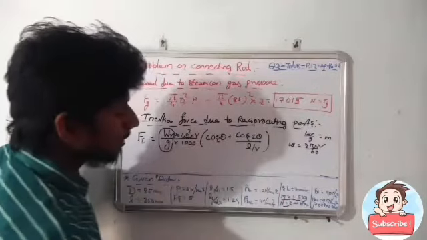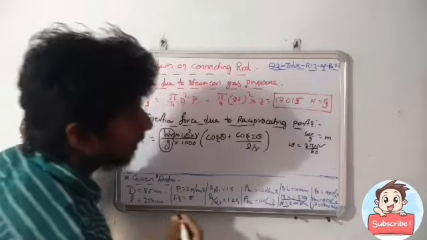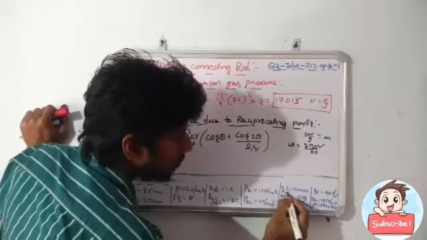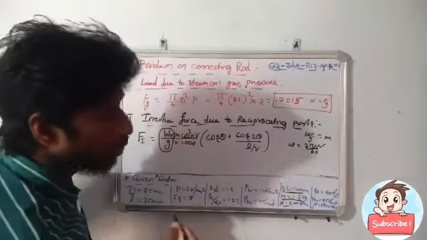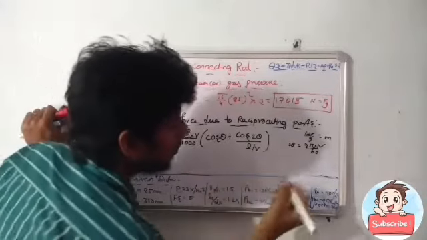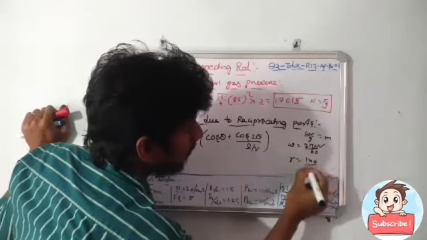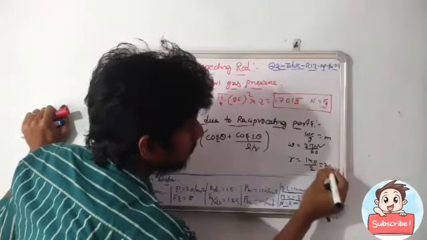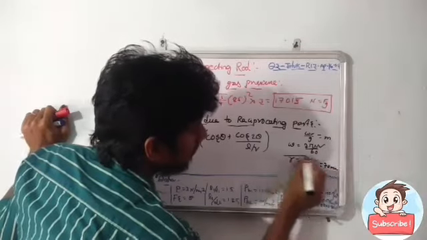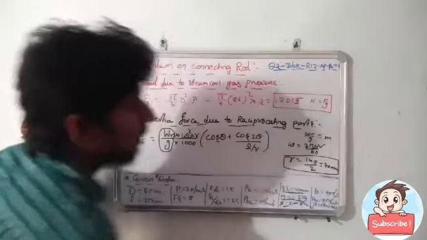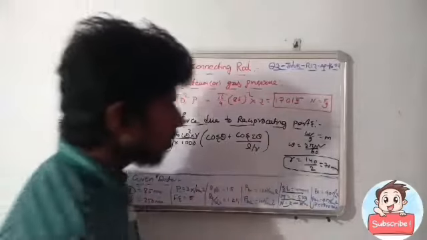And r is the radius of the crank. So how do we get the radius of the crank? Stroke length by 2. So r equal to 140 divided by 2, that is equal to 70 mm. It is the radius of the crank here. And next, go to the omega.